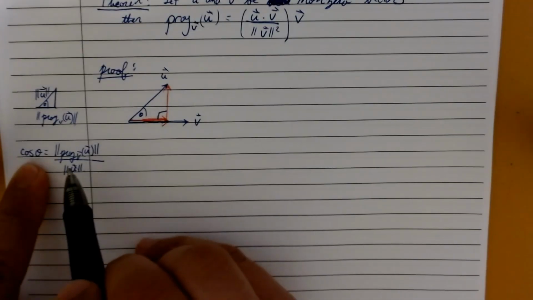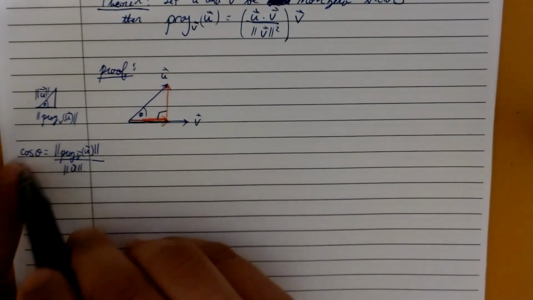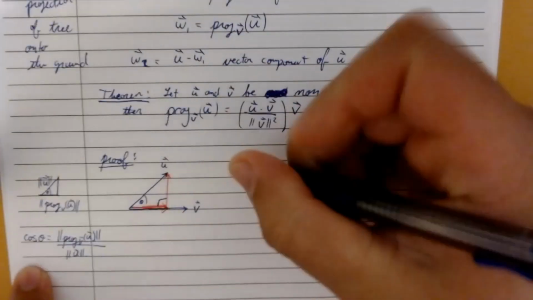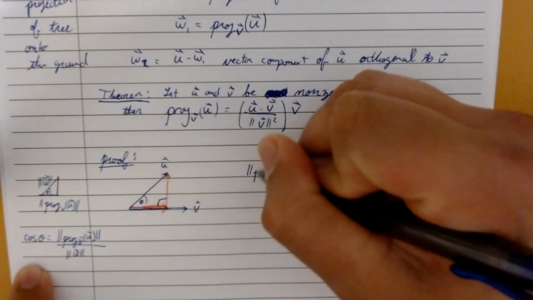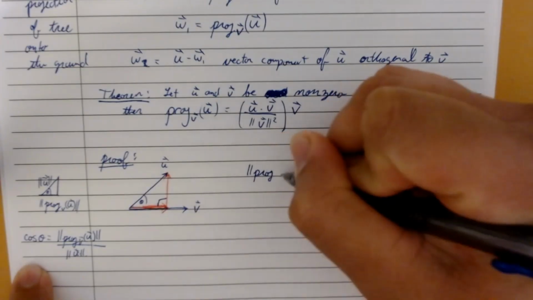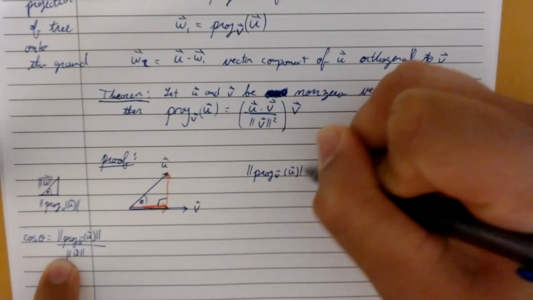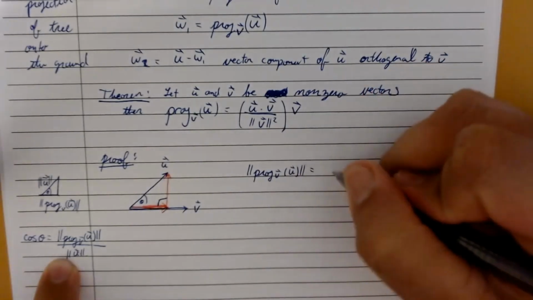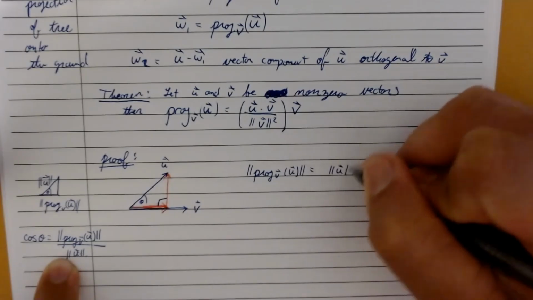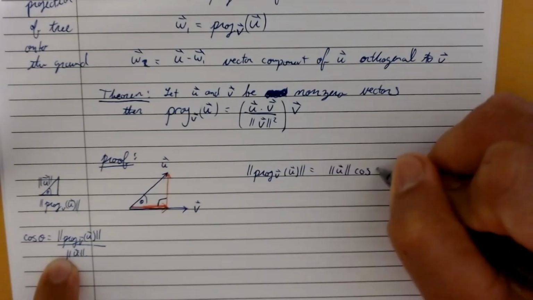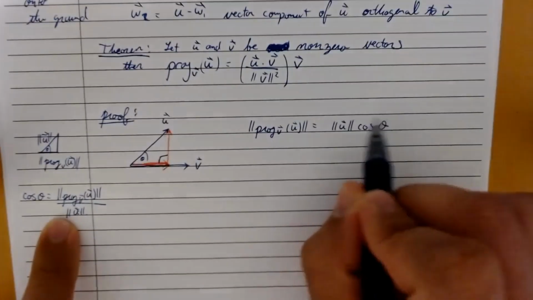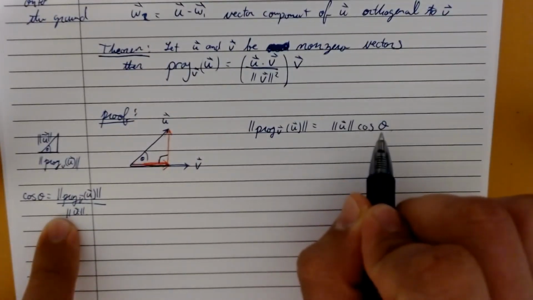So right here, I could just multiply this over to the other side, and I get that the magnitude of the projection of u onto v is equal to the magnitude of u times the cosine of the angle theta.